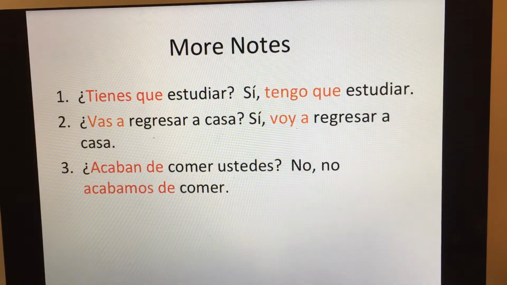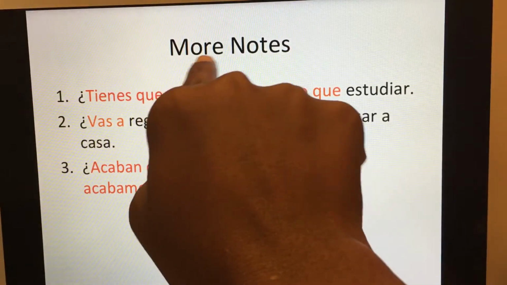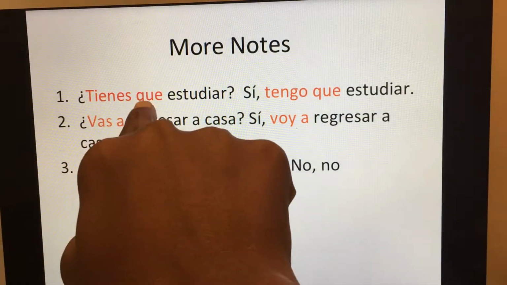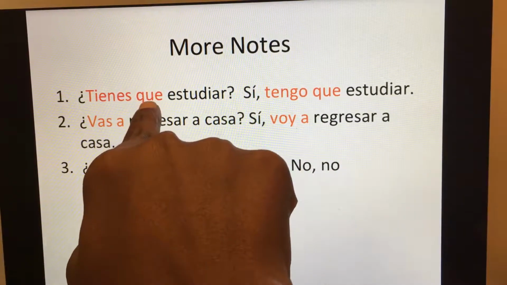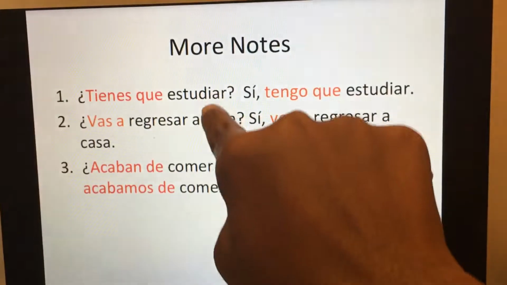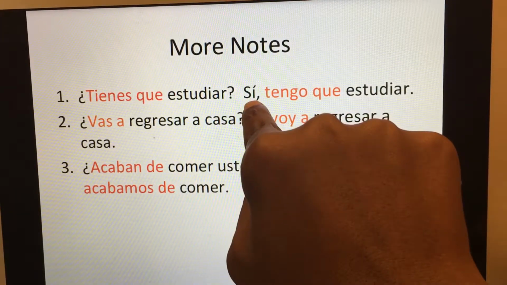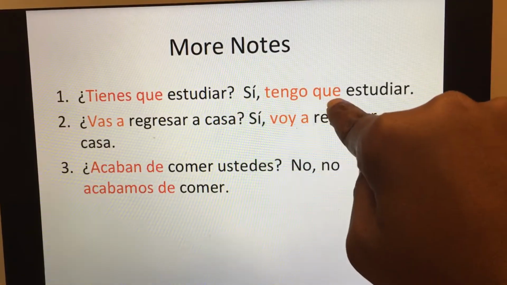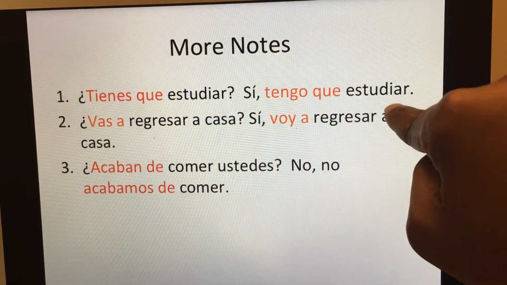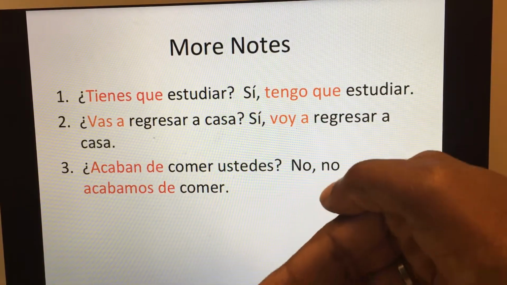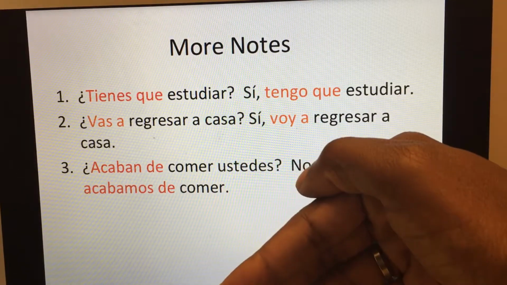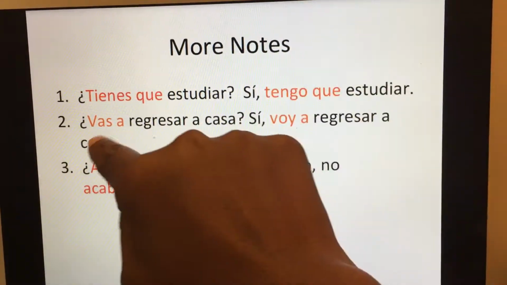Now, let's practice. We're looking at more notes here. Tienes que estudiar. Tienes que. Do you have to what? To study. Sí, yes. Tengo que. I have to study. Estudiar. You have to put that que there because you're indicating an activity that you have to do.